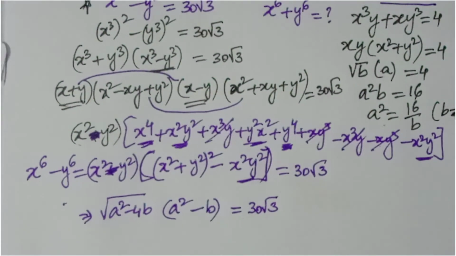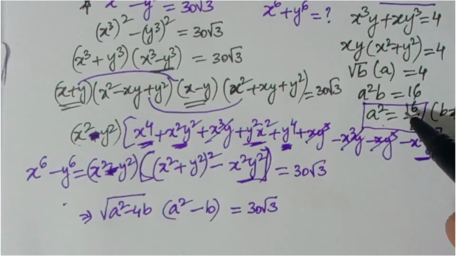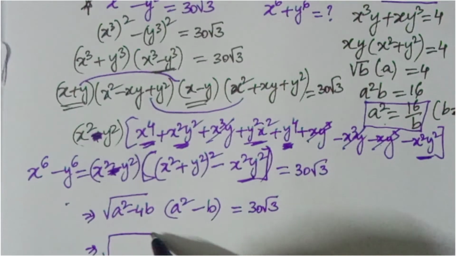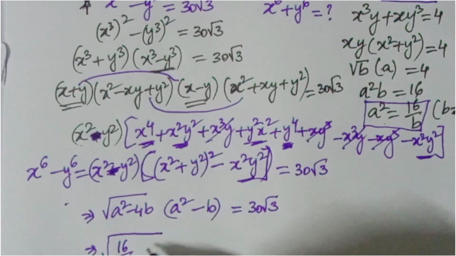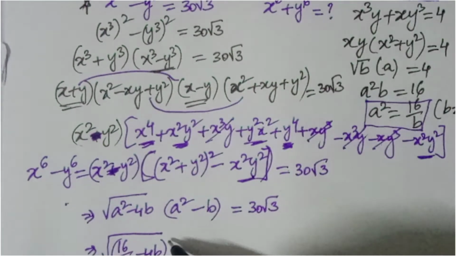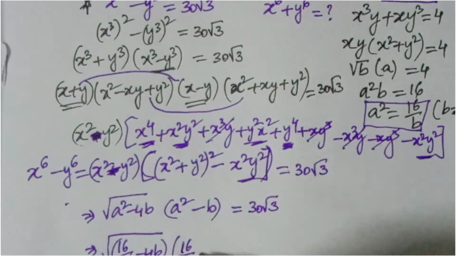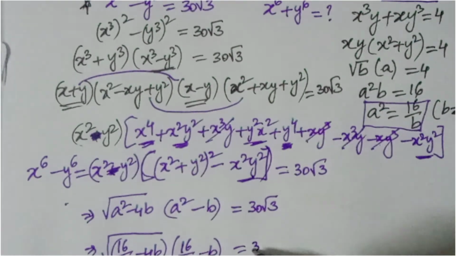So substitute the value of a square here: we got the a square value 16 by b. So I am substituting 16 by b minus 4b, times (16 by b minus b), is equal to 30 root 3.